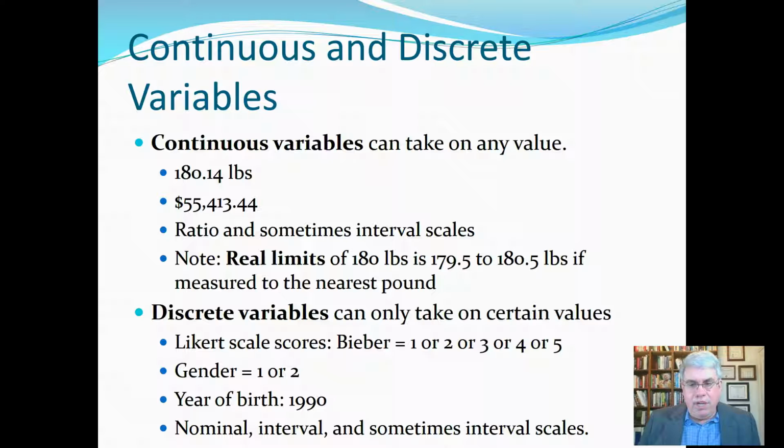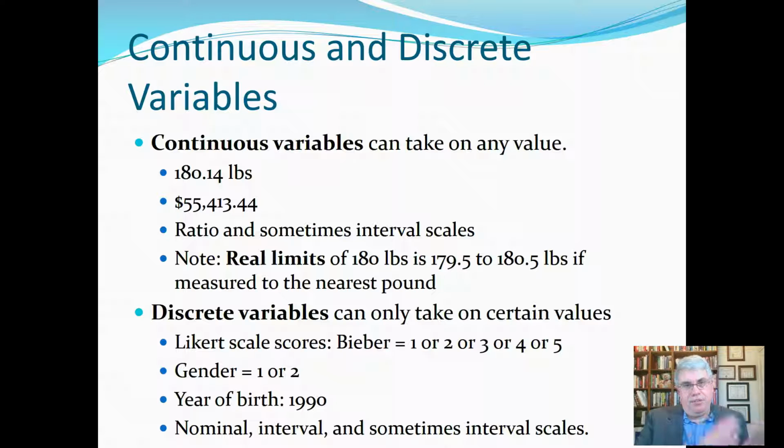Now let's look at one other aspect of measuring variables. We can divide variables as continuous variables or discrete variables. Continuous variables can take on any value that we want. If we weigh something, we can say it weighs 180.14 pounds or 180.14325 pounds.